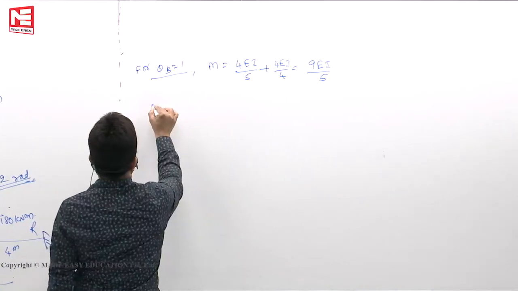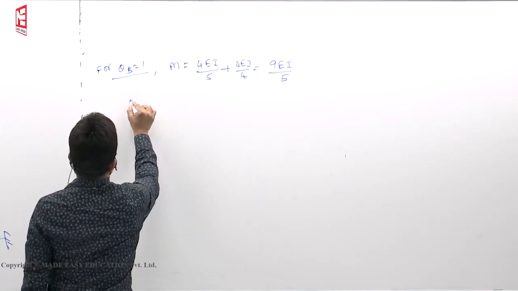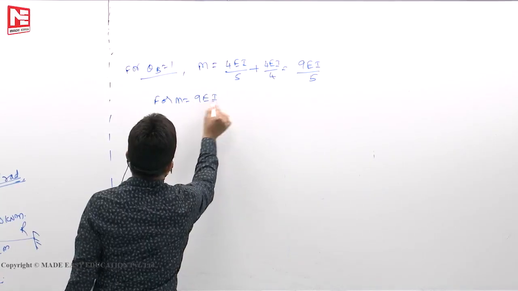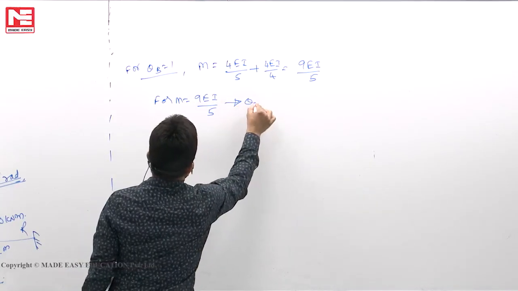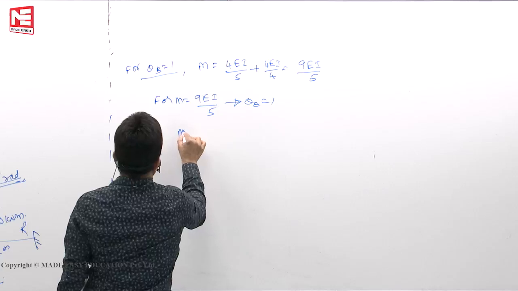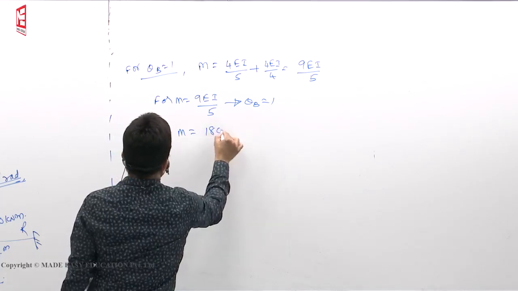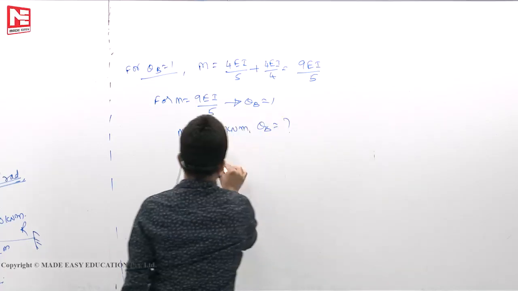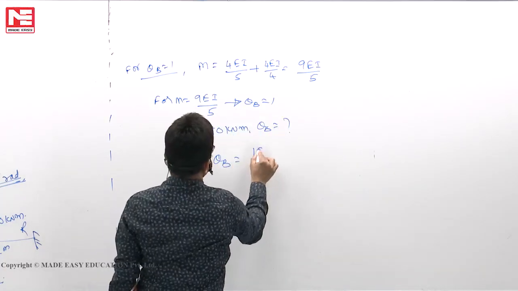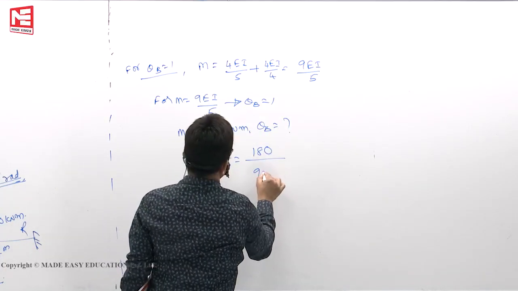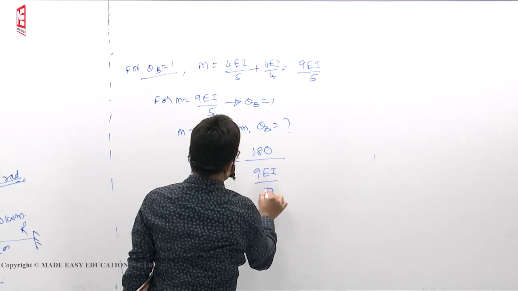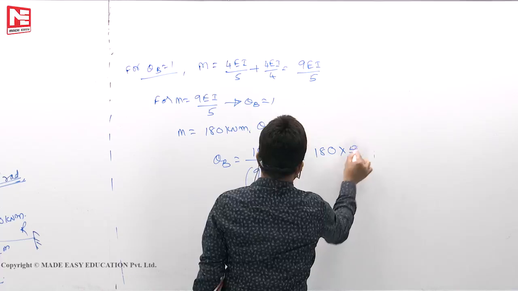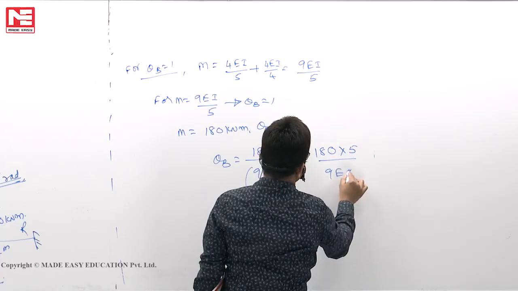That means for M equal to 9 EI by 5, theta B is equal to 1. For M equal to 180 kilonewton meter, theta B is how much? Theta B is equal to 180 by 9 EI by 5, so 180 into 5 by 9 EI.